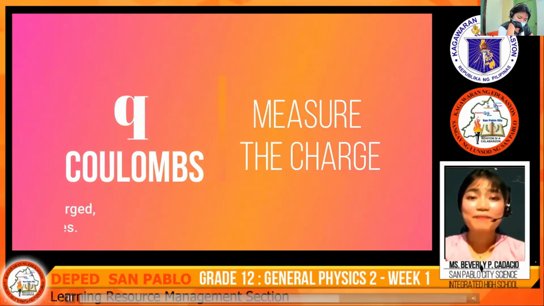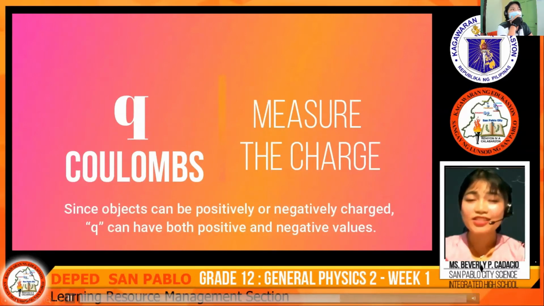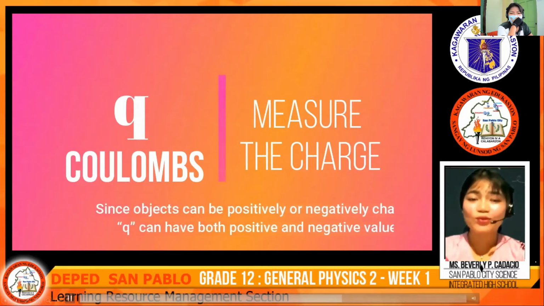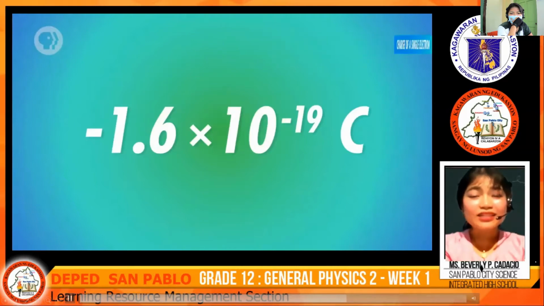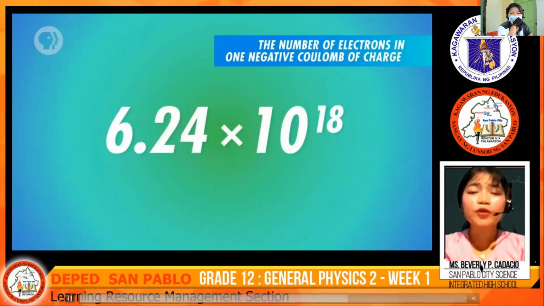Since objects can be positively or negatively charged, Q can have both positive and negative values. For example, one electron has a charge of negative 1.6 times 10 to the negative 19th coulombs. That means there are 6.24 times 10 to the 18th electrons for every negative coulomb.